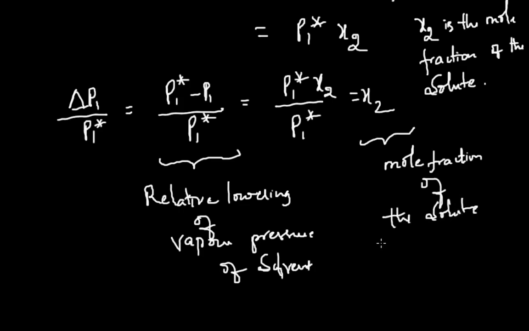See, note that this depends on, what is mole fraction? Mole fraction is just a number, right, between 0 to 1. Yes or no? So it does not depend on the nature of the solute per se, it just depends on the number of solute particles. That is why relative lowering of vapor pressure is a colligative property.